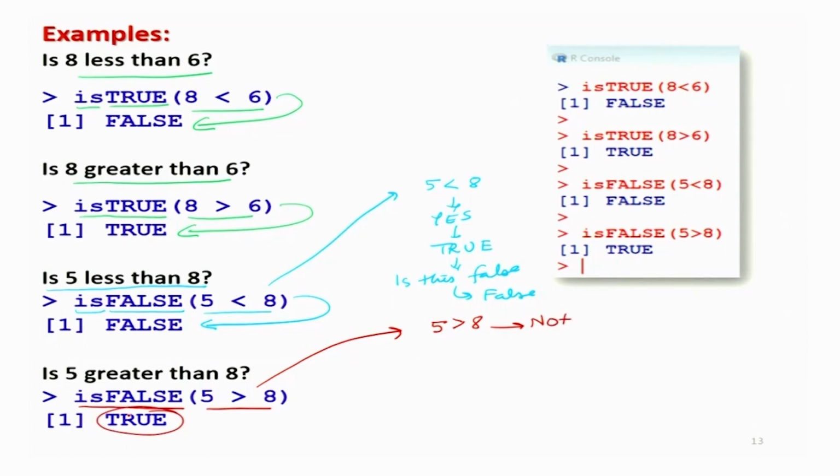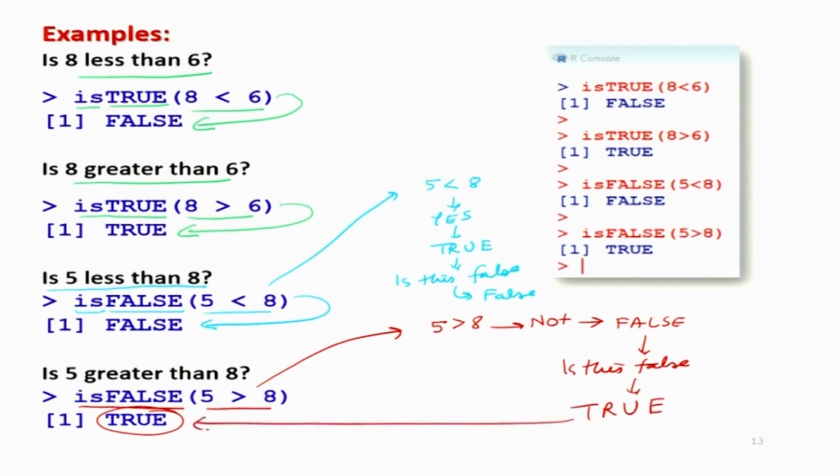What does this mean? 5 is not greater than 8. So, this means this is false. But your question is, is this false? Yes, this is false, and so the answer comes out to be true. That was the reason it is coming out to be true.